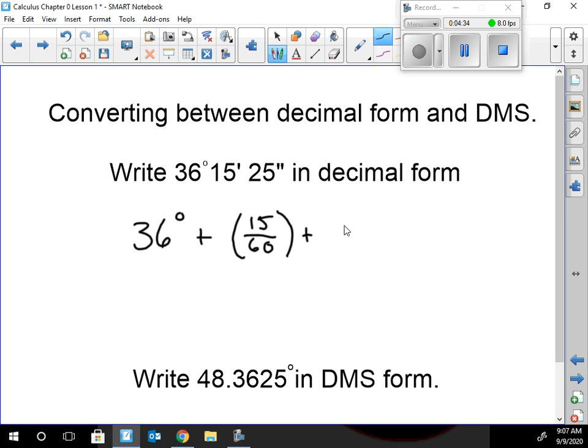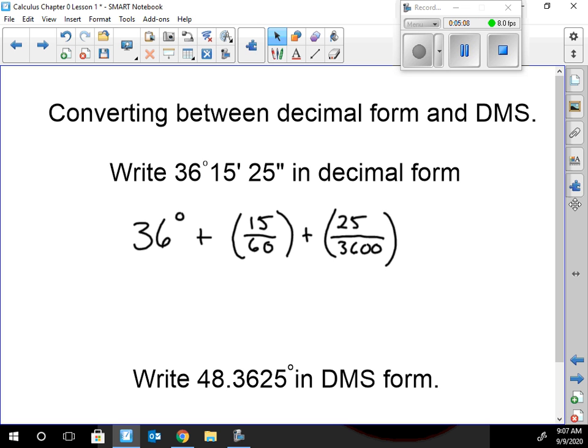Plus 25 seconds on the top, and 3,600 seconds in a degree on the bottom. So we're really converting all of these to degrees. 15 minutes out of 60, 25 seconds out of 3,600.